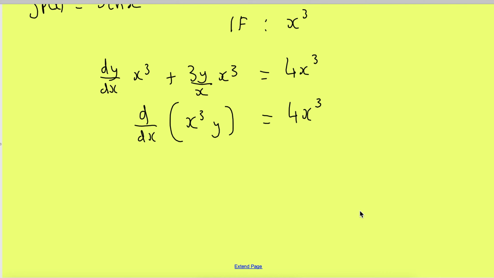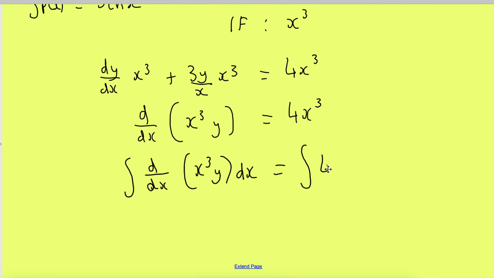And that just stays the way it is at 4x cubed. Right, next bit, we integrate both sides. Like that. So exact same thing for a method as we always do.